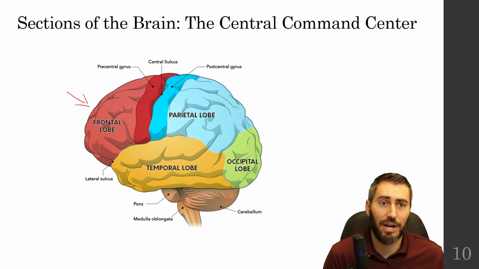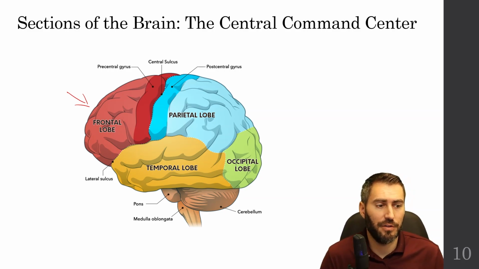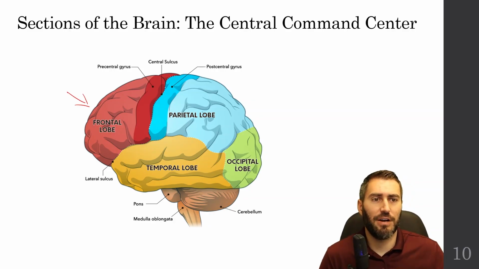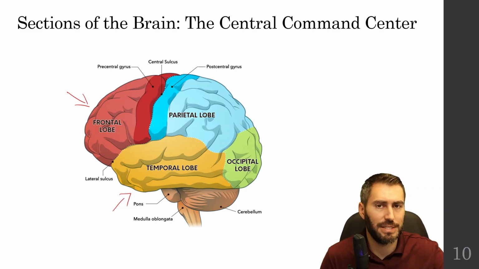This is also a part of the brain that we have that's much larger than other species. And so we see a lot of that intelligence and higher level thought come from things like the frontal lobe. The temporal lobe down here in yellow has a lot to do with memory and auditory signals and things like that. Language is here as well.